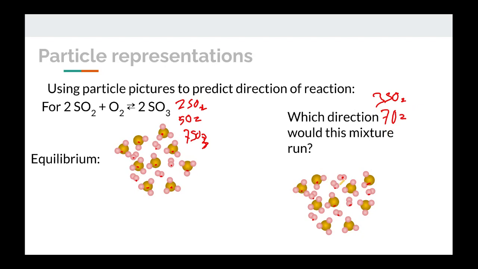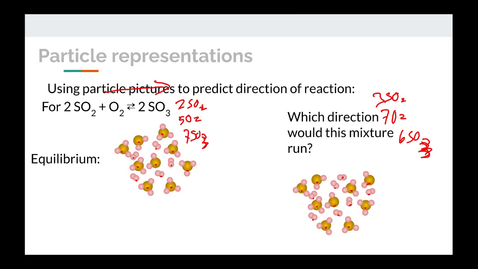SO3, we have 6 SO3. Okay, at equilibrium, we had 2 SO2, we have too much. We had 5 O2, we have too much. We had 7 SO3, we have too little. So we need more product, SO3, and we need less SO2 and O2. So this reaction is going to go in the forward direction to produce more SO3 and use up some of the SO2 and O2.